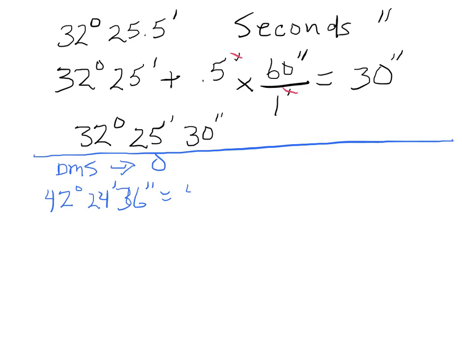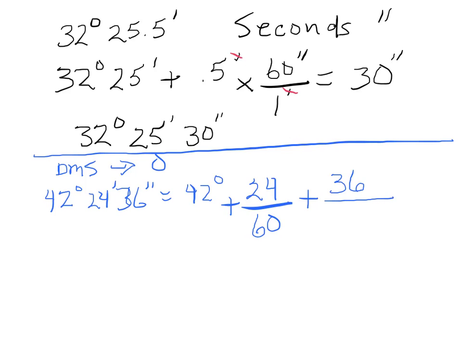So that's 42 degrees plus we've got 24 minutes, but remember there are 60 minutes in a degree. And then here's where the curveball comes in. We've got 36 seconds, but there's not 60 seconds in a degree.